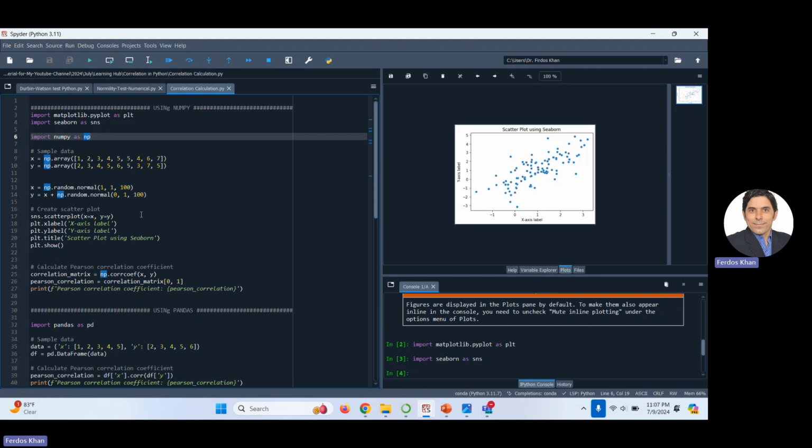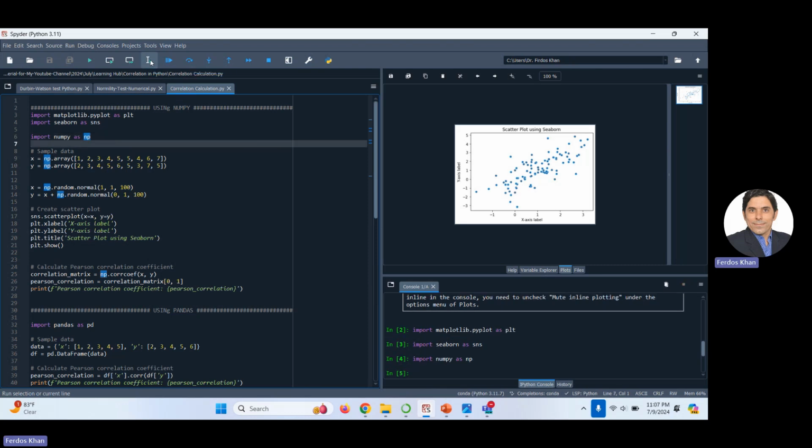Remember that we are calculating this correlation using numpy, and then we will use pandas, and then another package. You can use any of these packages; there may be little differences, but not significant ones. So now let's import these. You can make this data, but I have generated this data.